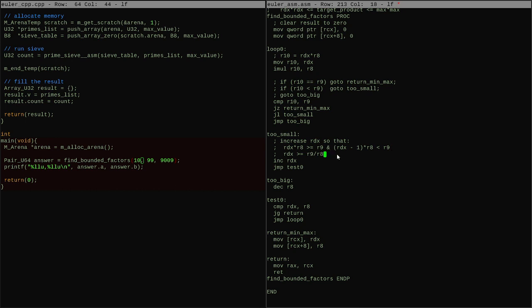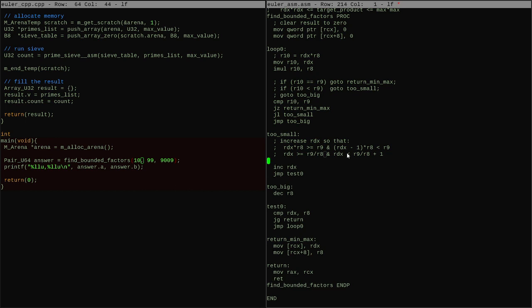So we're looking for the spot where RDX is greater than or equal to this, and where RDX is less than this. If I rearrange this real quick, we get R9 over R8 is less than or equal to RDX is less than R9 over R8 plus 1.